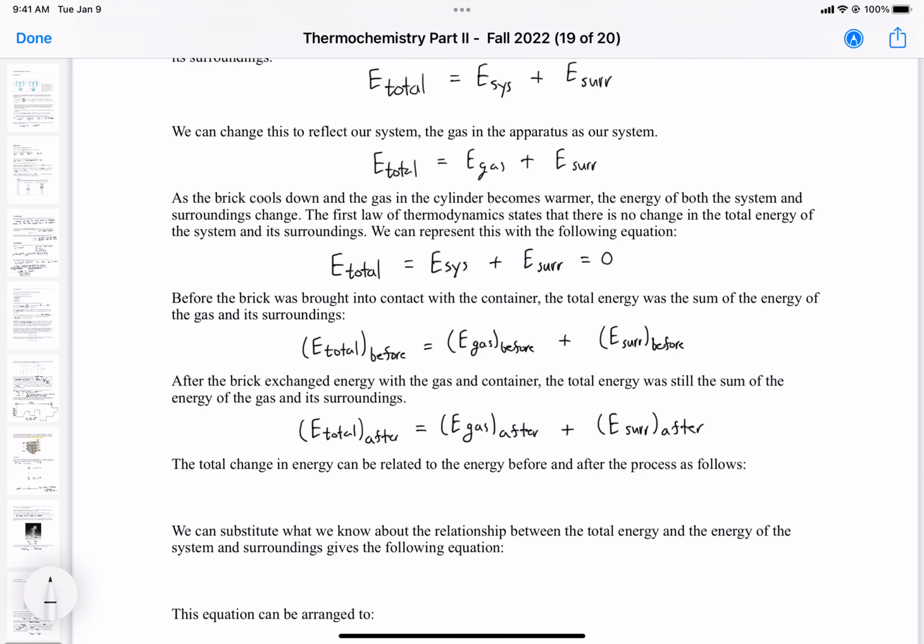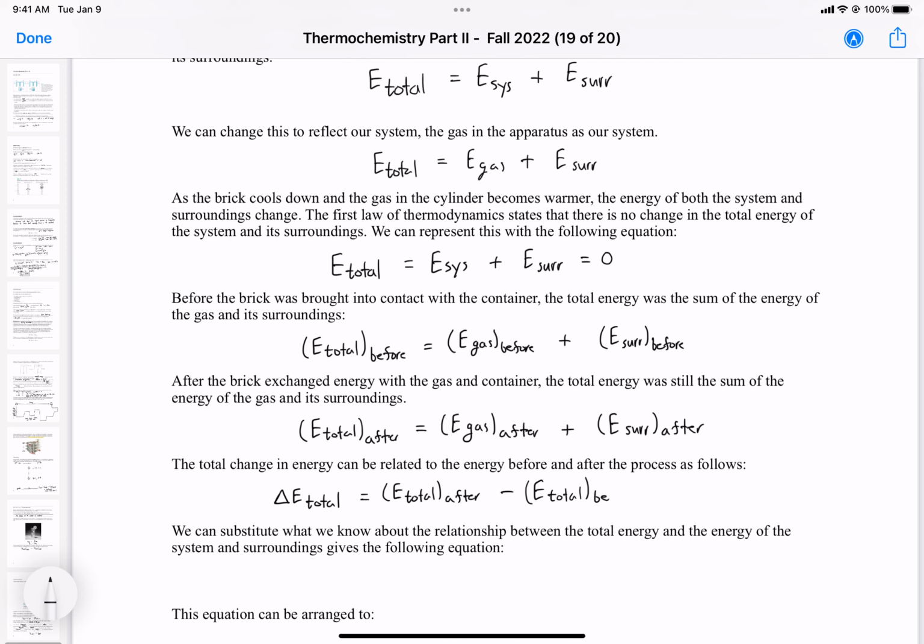So now we could write an equation that relates the total energy before and after the process, and we could say delta E, the change in the total energy, equals E total after minus E total before.